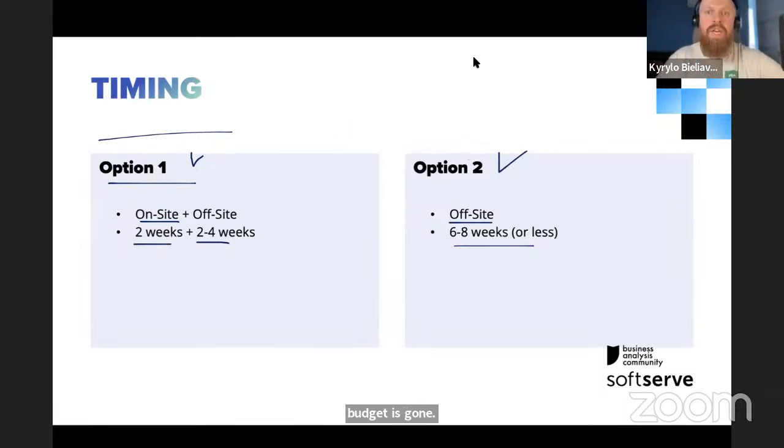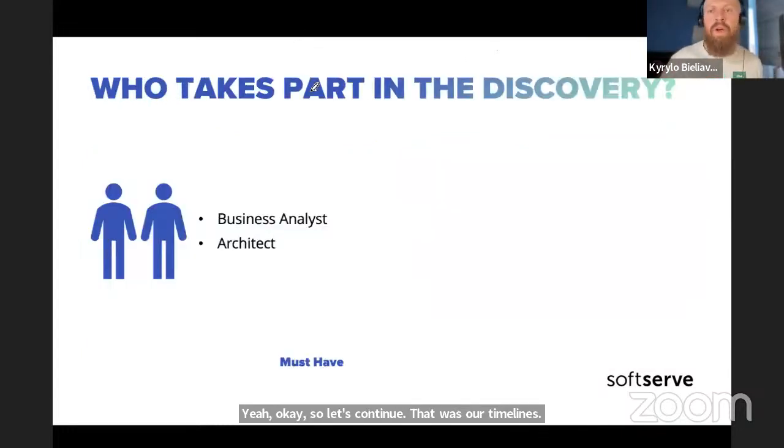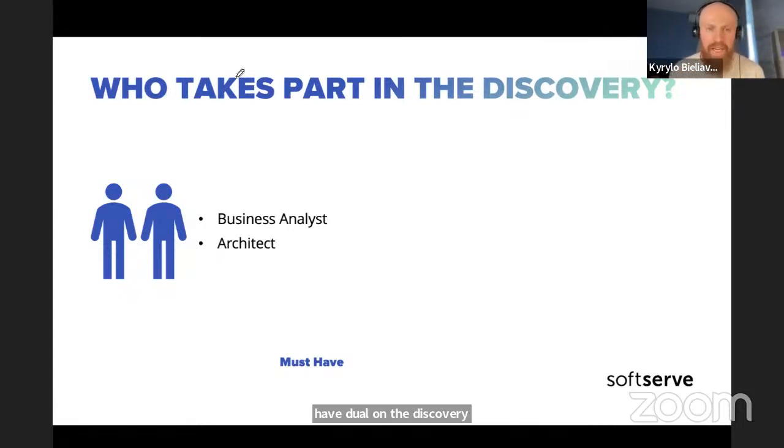Okay, so let's continue. That was our timelines. Now let's talk about who takes part in the discovery. Like who are these brave people who should participate? At least from my point of view, the absolute must-have duo on the discovery stage is the business analyst and the architect.